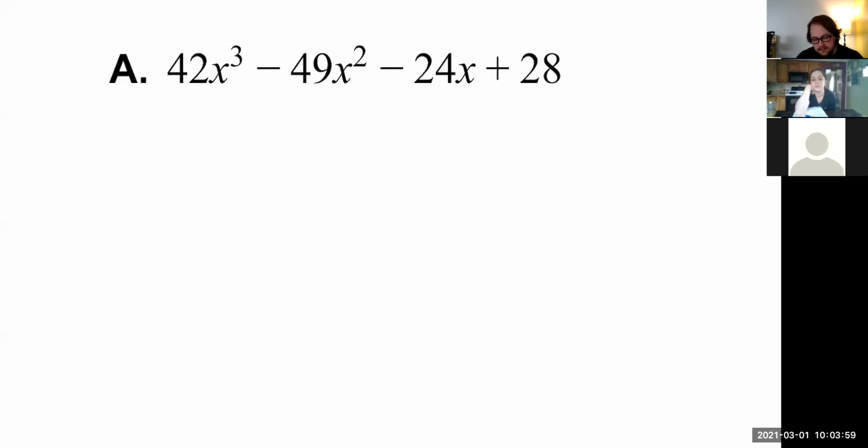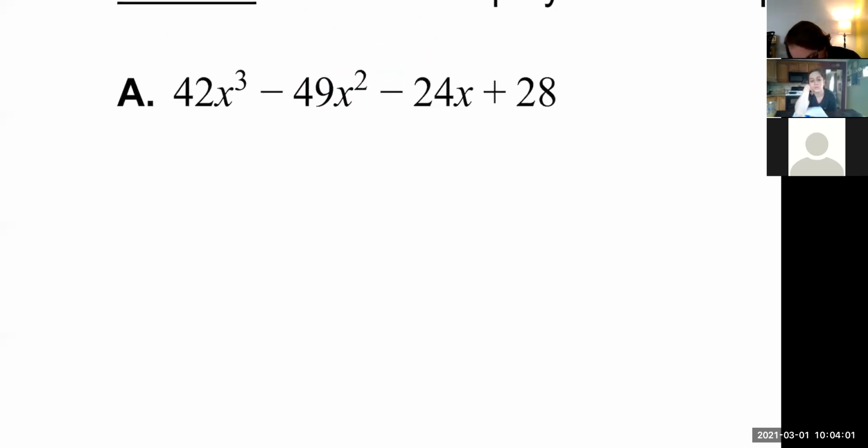So with grouping, assuming it's written in descending order already, as this one is, because sometimes we have to shift things around, what I like to do is cut it right down the middle. The first 2 terms on the left, the second 2 terms on the right. Notice that I went ahead and kept the subtraction sign with the value 24, because you can't just have a subtraction sign chilling out by itself.